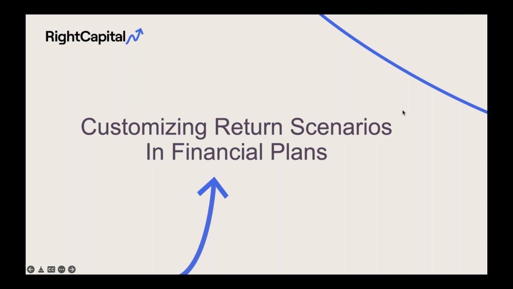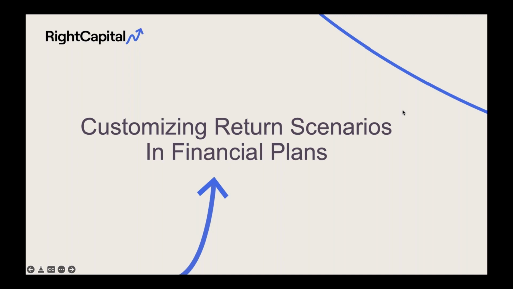So we are here to walk through this step by step. We're going to start at the beginning by looking at the assumptions and then evolving the conversation into how to project different rates of return for different accounts or different times of a client's life.